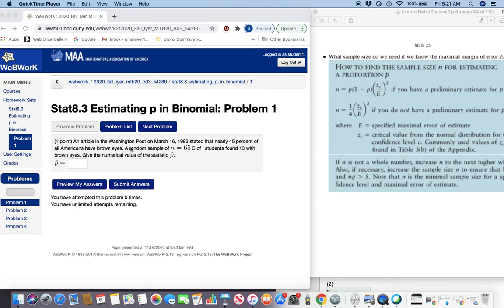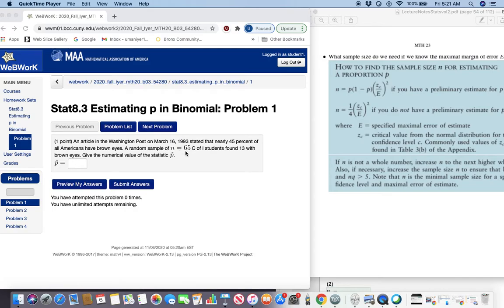So, problem 1. An article in the Washington Post on March 16, 1993 stated that nearly 45% of all Americans have brown eyes. A random sample of n equals 65 students at a certain college found 13 with brown eyes.